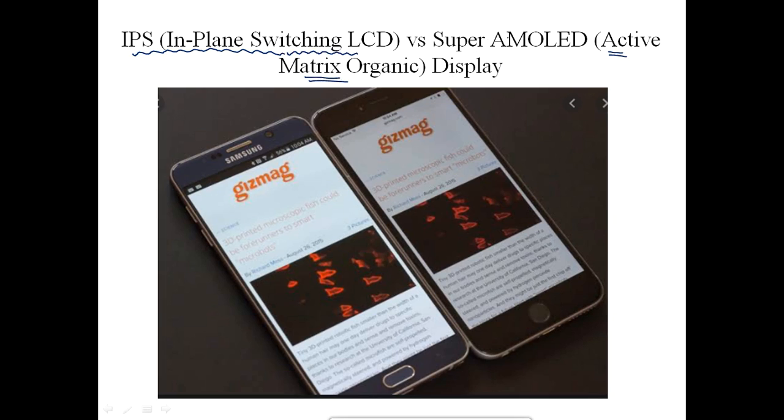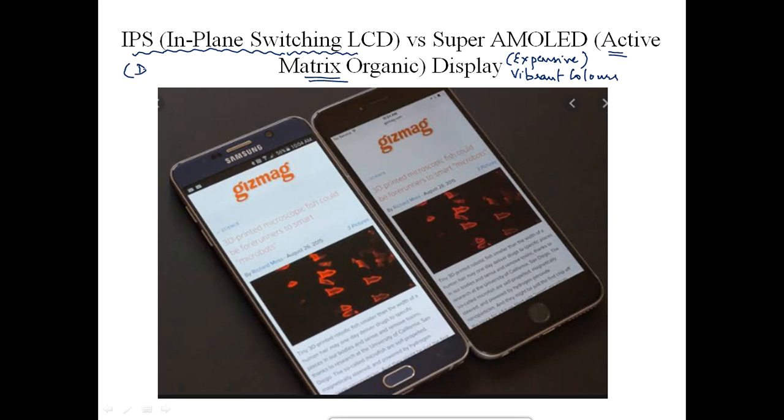Usually Super AMOLED displays are slightly expensive when compared to IPS LCDs. But the main advantage of Super AMOLED is that it gives vibrant colors. If you observe Samsung cell phones which use Super AMOLED displays, you will observe that the colors are very vibrant.